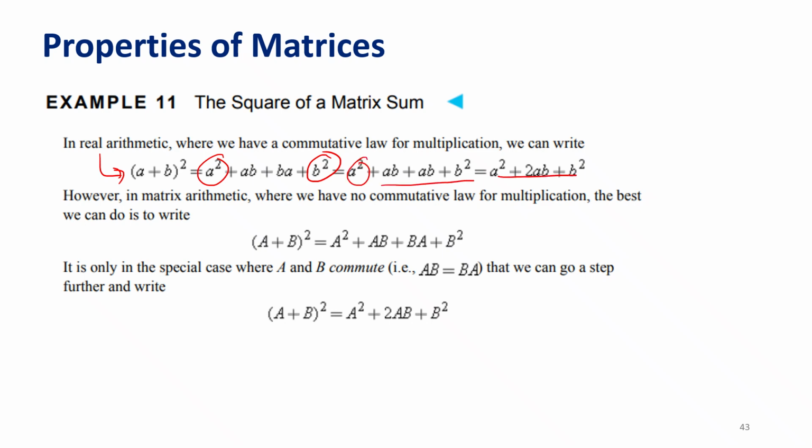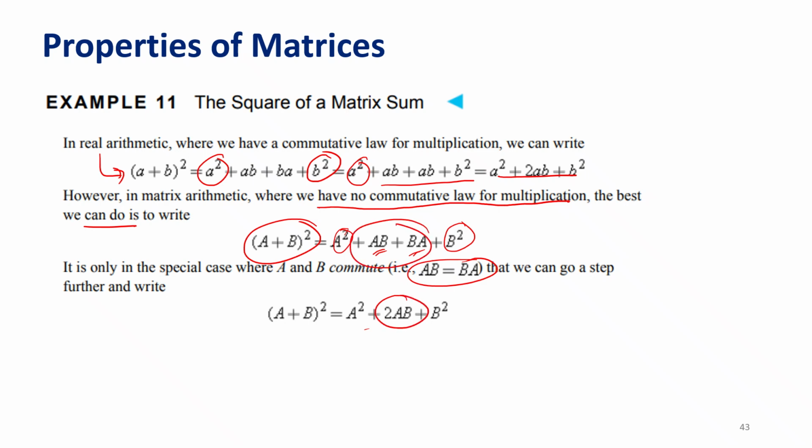However, in matrix arithmetic, we have no commutative law of multiplication. The best way you can do is to write A plus B squared as A squared plus AB plus BA plus B squared. When AB is equal to BA, then you can have 2AB. But it is often not, so you can only write it like this.